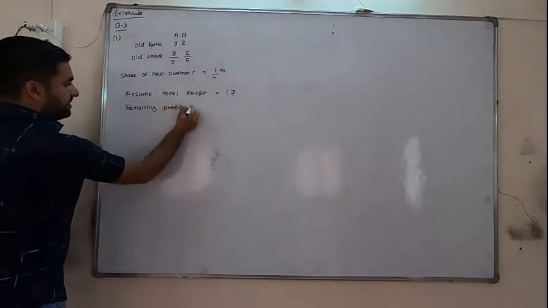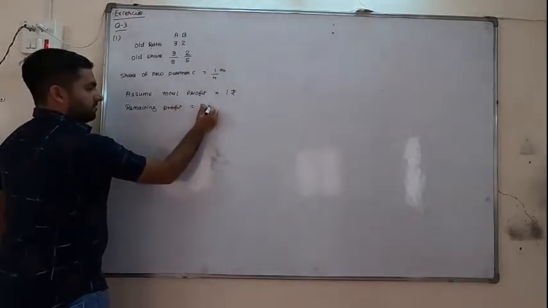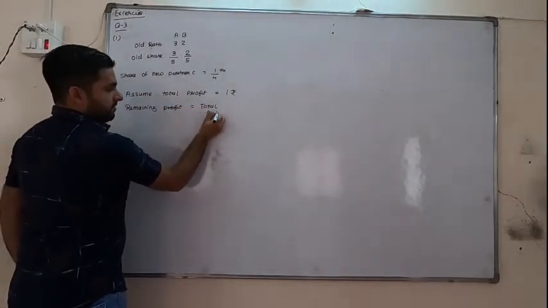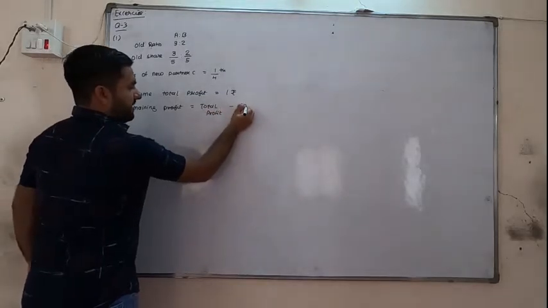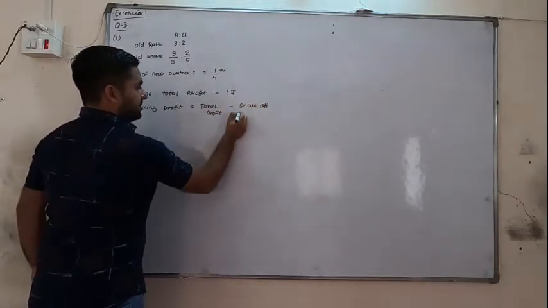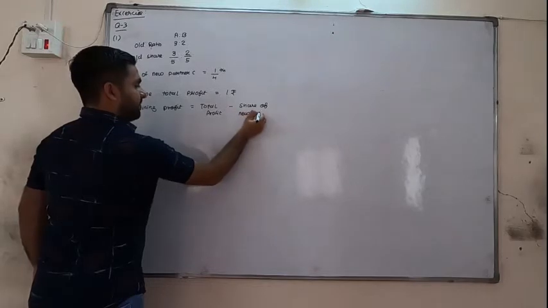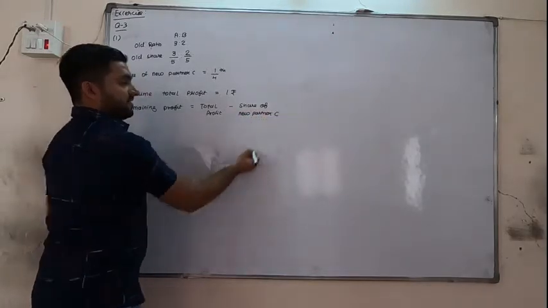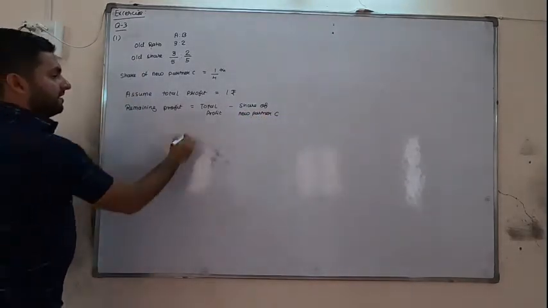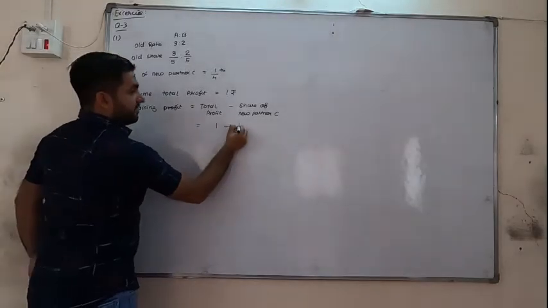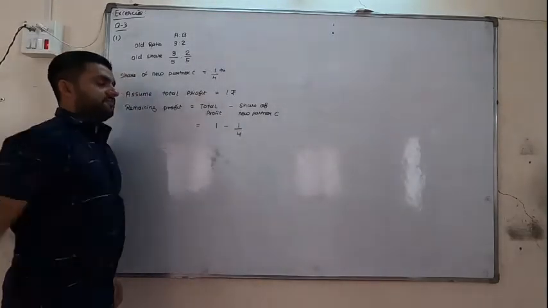Remaining profit is equal to total profit minus share of new partner C. Total profit is 1, share of new partner is 1/4.